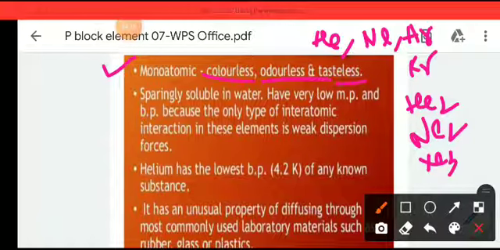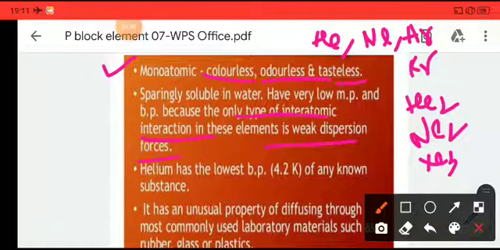As water is polar, they are sparingly soluble, not fully soluble in water, and have very low melting and boiling points, because the only type of interatomic interaction in these elements is weak dispersion forces. They have only weak interatomic interactions, such as London force, and these forces are very weak dispersion forces.